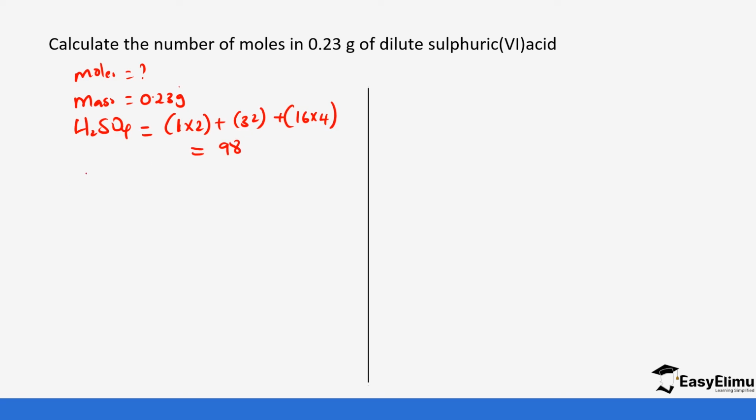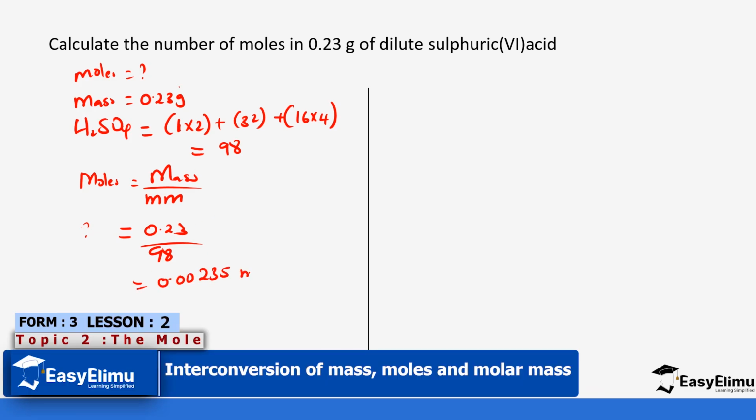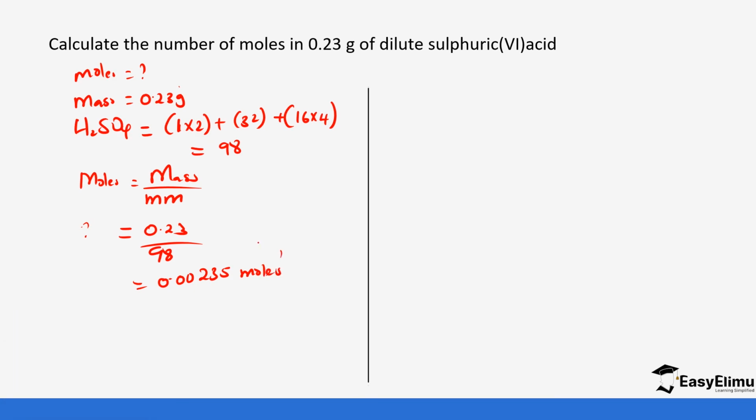So the formula is moles is equal to mass over molecular mass. Moles, what we are looking for, is equal to mass, which is 0.23, divided by 98. So 0.23 divided by 98 will give us 0.00235 moles. So that's how we usually use the formula to calculate.